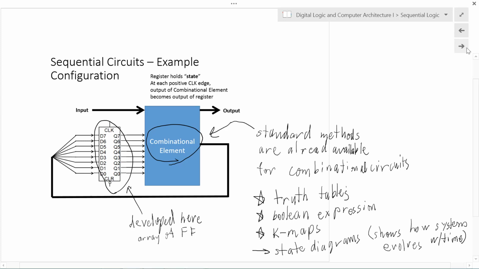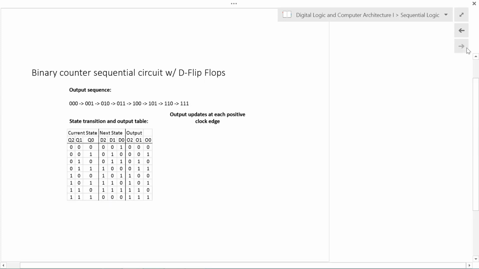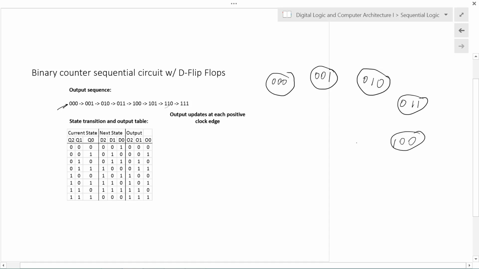So let's take a look. Let's say we wanted to create a circuit that counted from 0 to 7 and then wrapped around to 0 again. Let's draw it as a state diagram. 000 for the first state, 001 for the next state, 010, 011, 100, 101 for 5, 110 for 6, 111 for 7.